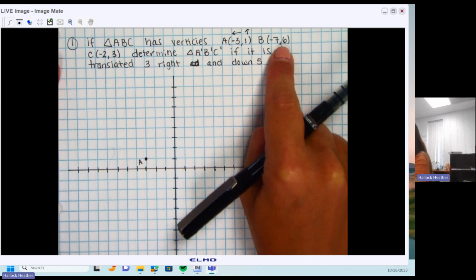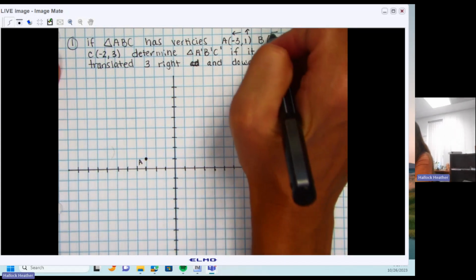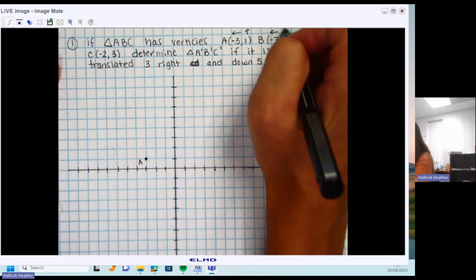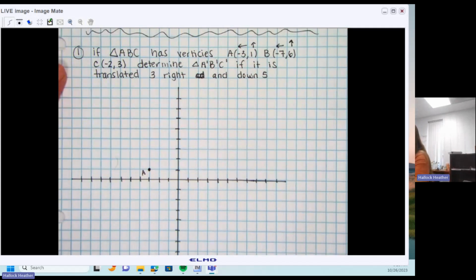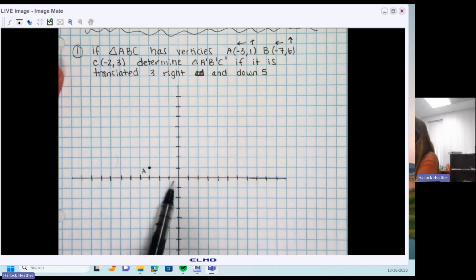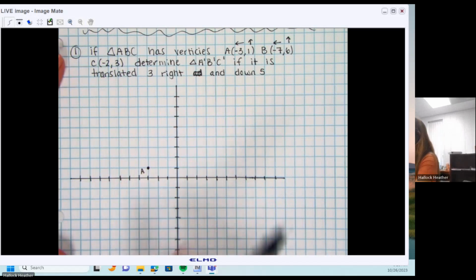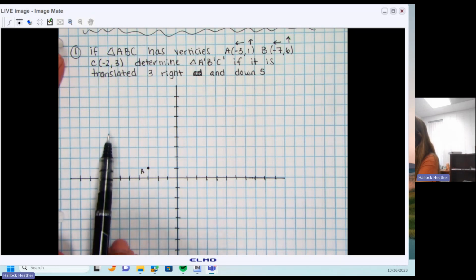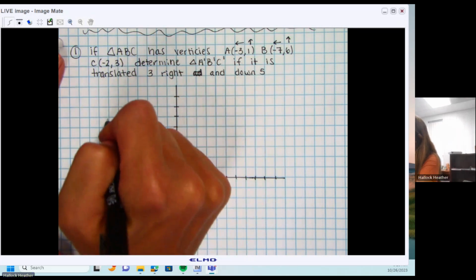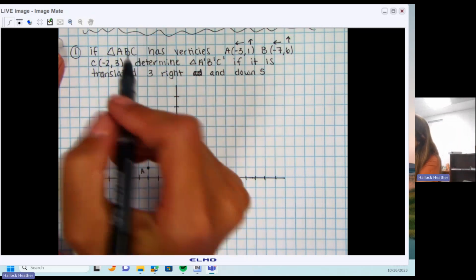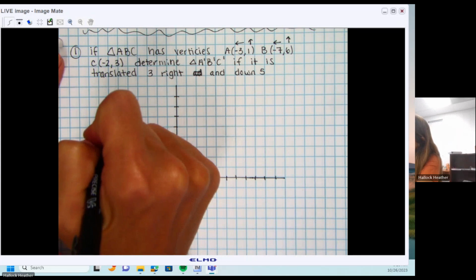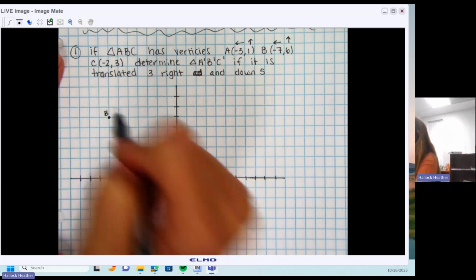From the origin, I go left 7, 1, 2, 3, 4, 5, 6, 7, and then up 6, 1, 2, 3, 4, 5, 6. That's where B is at, my original B.